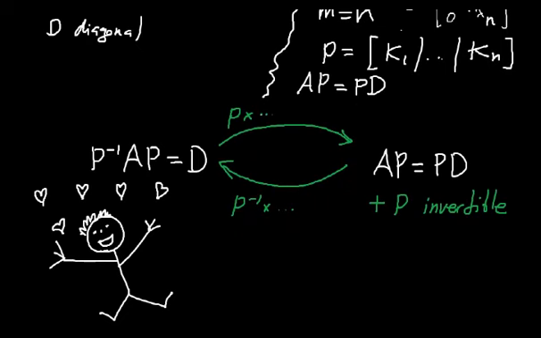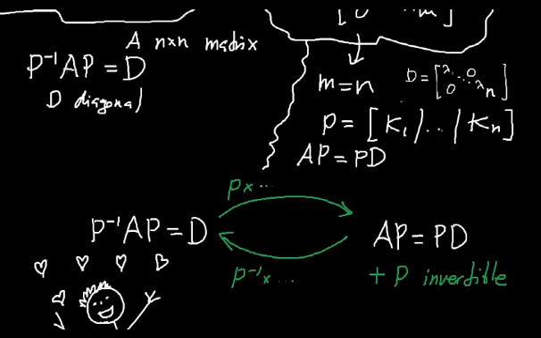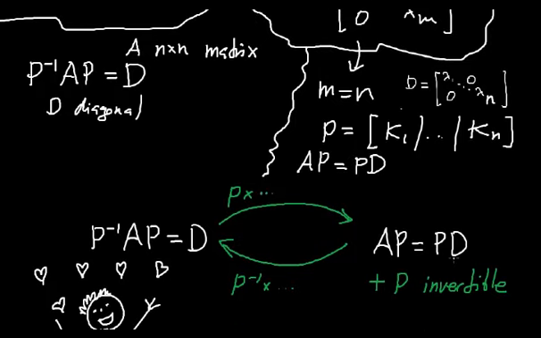Because we've just shown that solving the diagonalization problem is equivalent to solving the eigenvalue problem, with the extra requirement that we want the eigenvectors to be giving rise to an invertible matrix when we put them in as columns of the matrix P.